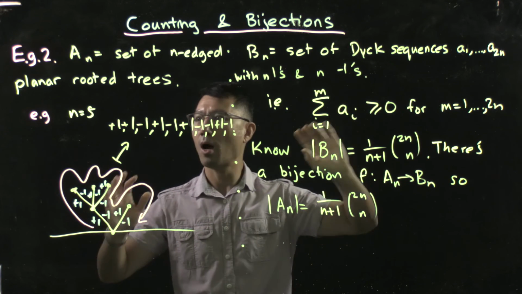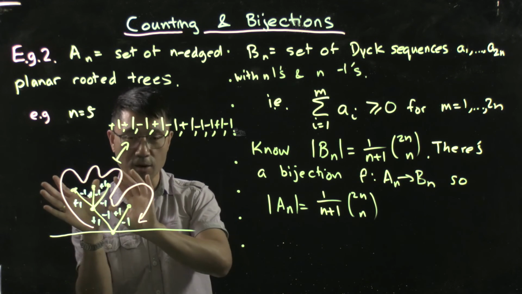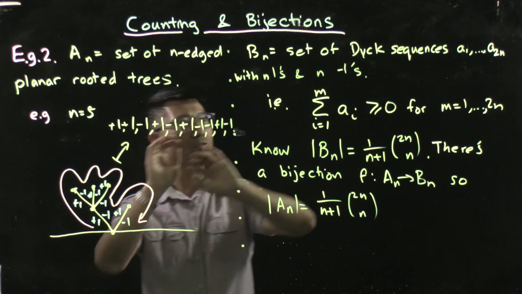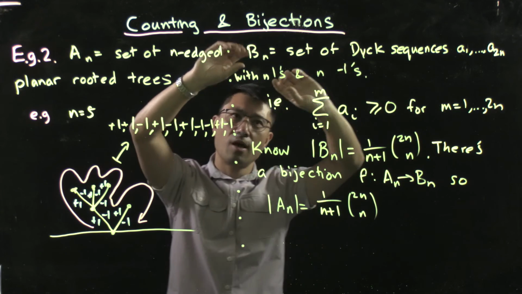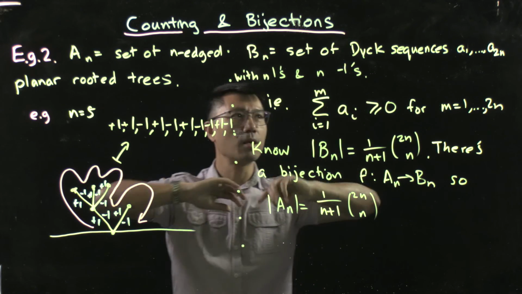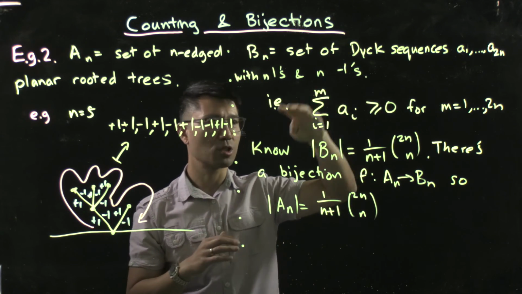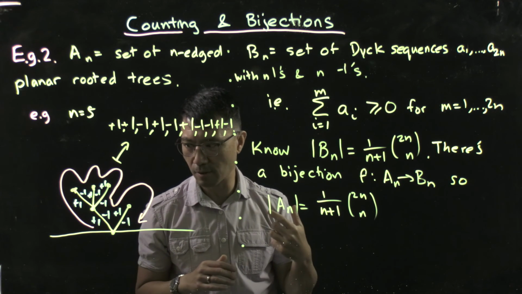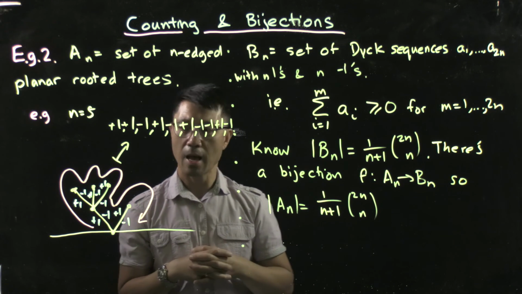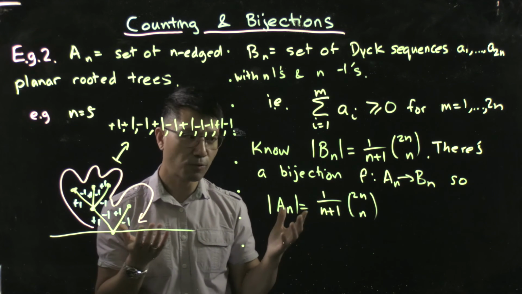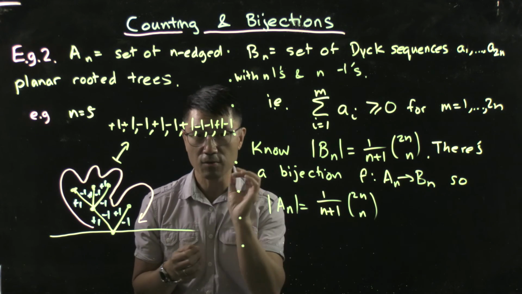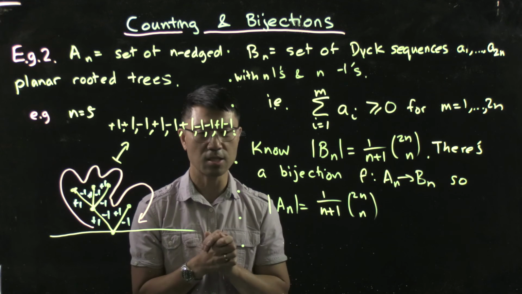That gives you a map from a planar rooted tree over to this Dyck sequence of n 1s and n -1s. Dyck sequence means that the partial sums are always non-negative. So that's the function, and the only thing that remains is for you to show that this is a bijection. I'll leave this as an interesting exercise for you.